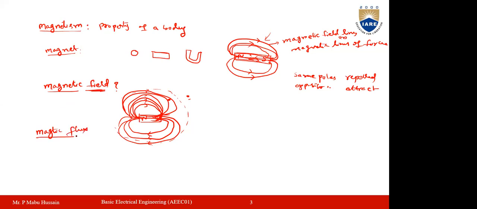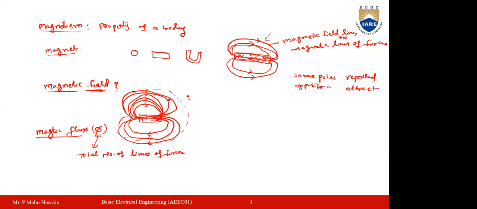Then you have another term, magnetic flux. Magnetic flux is represented with phi. This magnetic flux represents the total number of magnetic lines of force in the magnetic field.